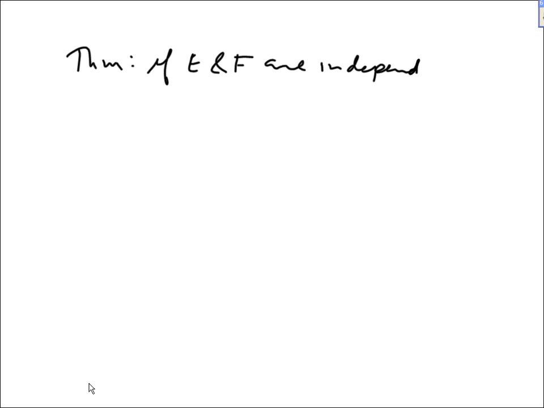Now, here's one. It's not a problem, but it's a proof. The results are interesting. Theorem: if E and F are independent, then so are E and F complement.